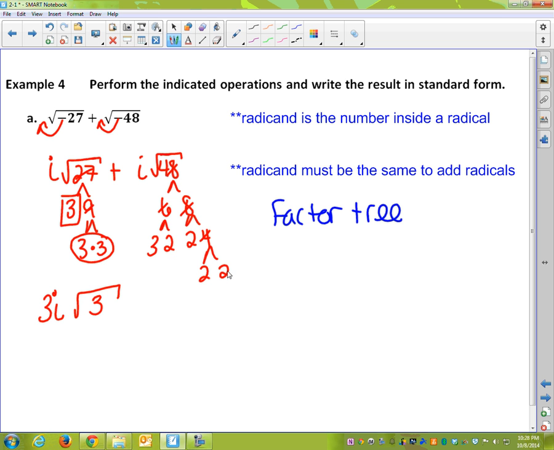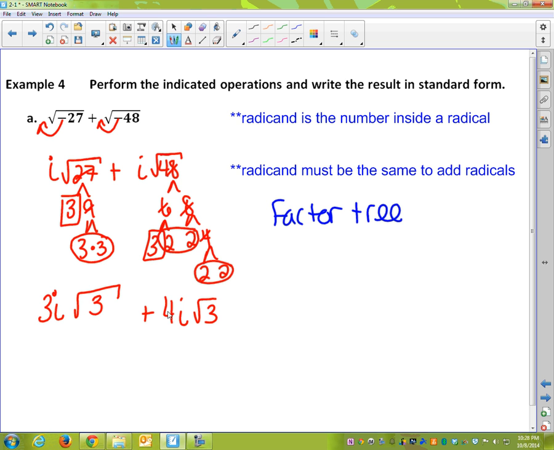So again, I'm looking for pairs. I have 1 pair, 2 pairs, and then the 3 is all alone. When you're bringing pairs out, I multiply them together. So this 2 and this 2 will make it 4i square roots of 3.